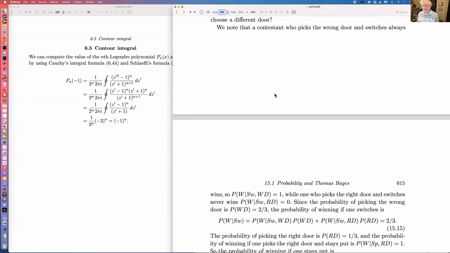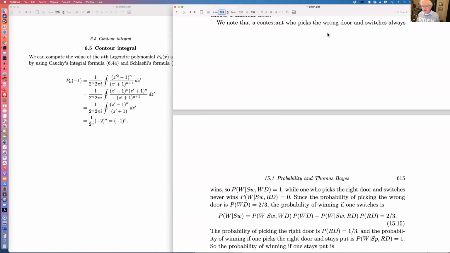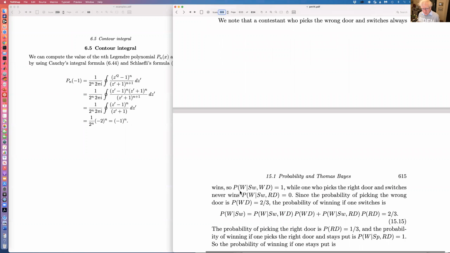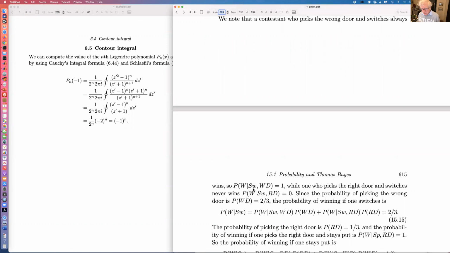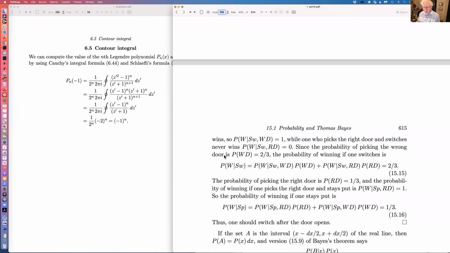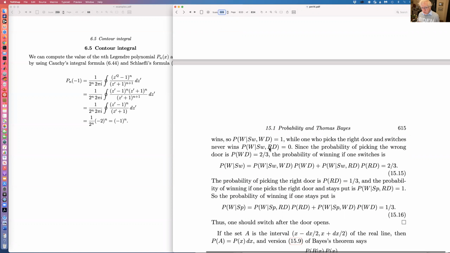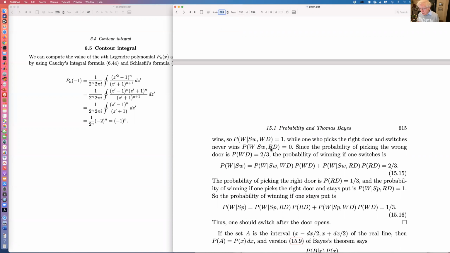To analyze this, we note that a contestant who picks the wrong door and switches always wins. So the probability of winning given you switch and you picked the wrong door, that's unity. The probability of winning if you switched and you picked the right door, that's zero.